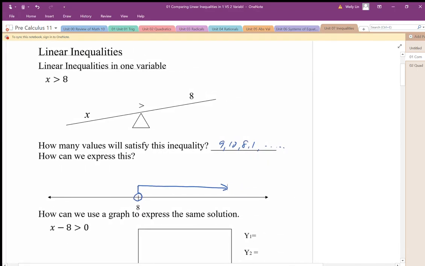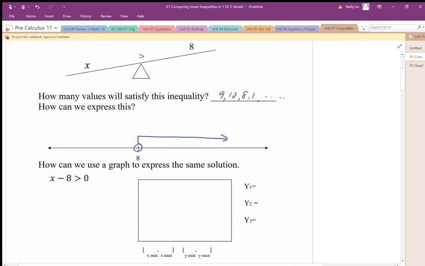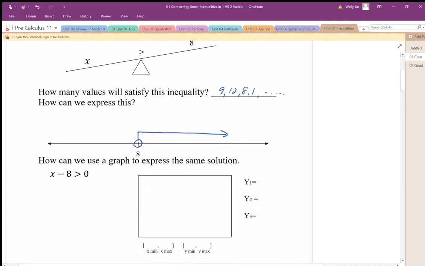That's an important concept to remember, because we are going to use a two-dimensional graph to analyze this. Maybe we don't need it so much for our linear inequalities, but it is good to see what this looks like. I'm going to graph my x minus 8, and then my inequality becomes x minus 8 is greater than 0.